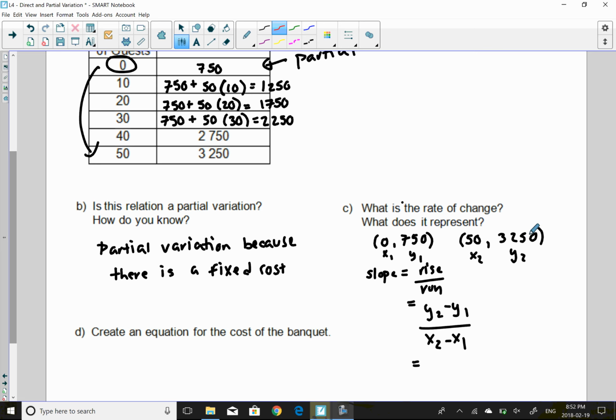So calculate your difference between your y values. 3250 minus 750 and 50 minus 0.